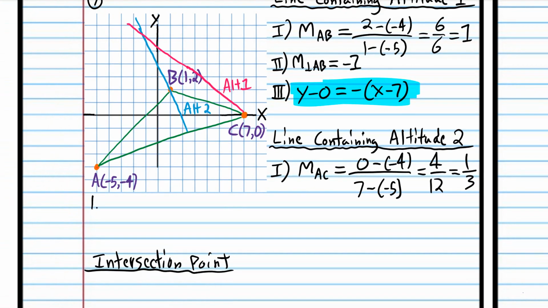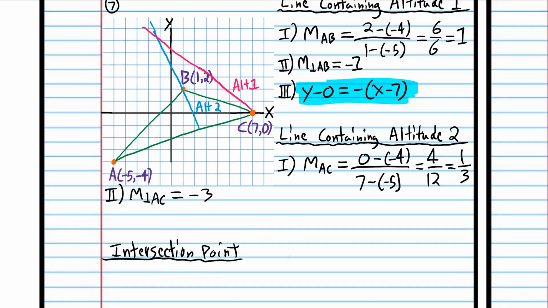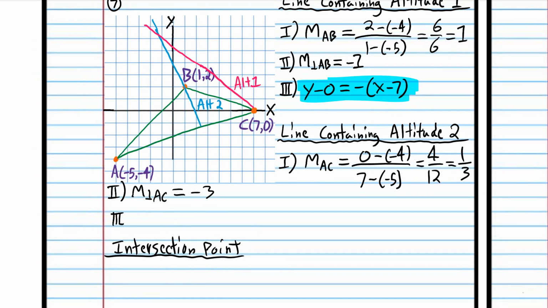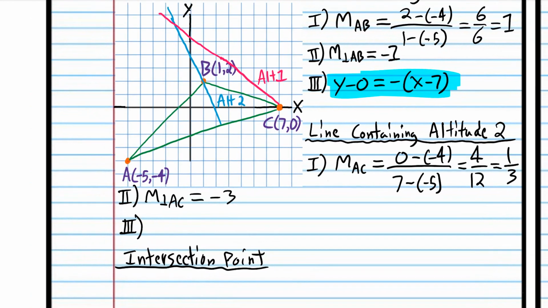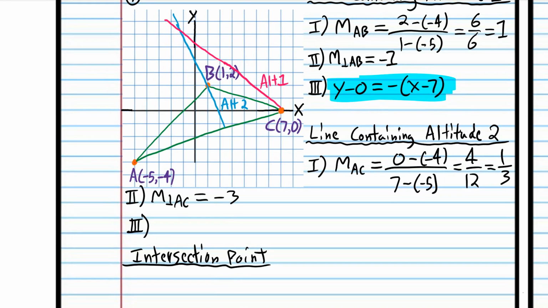All right, and now we have to find the slope of the line perpendicular to AC, and that would just be -3. And now we can write the equation of the line containing altitude 2, and of course B goes through altitude 2, so y minus 2 is equal to -3 times x minus 1. So again, if you used altitude 1 and altitude 2, then you should have those equations.